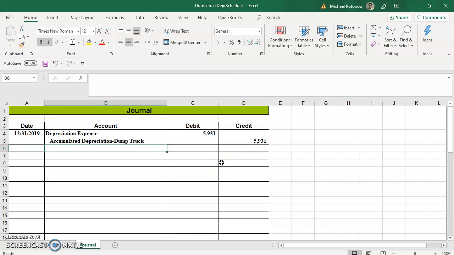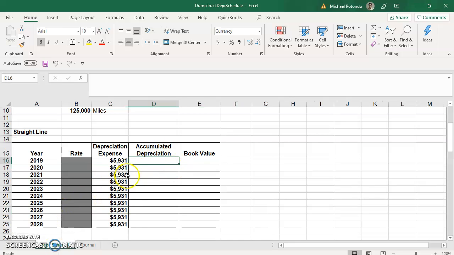And we're going to say this is straight line. Now, it will be the same entry every year until the asset has been fully depreciated or sold or junked or something else.